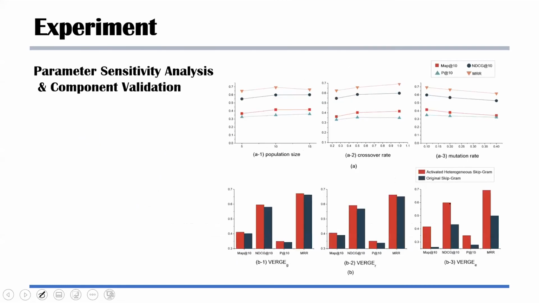For parameter tuning, if you're interested, you can refer to the content of the paper. Because a genetic algorithm has a crossover rate and a mutation rate, you will find that the performance is really flat here. This means those parameters of the genetic algorithm are not very sensitive for the quality of the embedding.